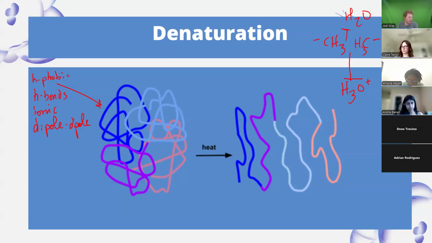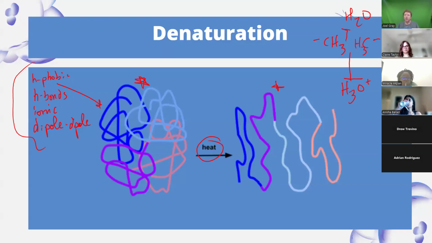And my point there is, how do we go from this state right here to this, where we disrupt all of these different types of interactions? Well, one way that can be done is by heat. This is commonly known as heat denaturation. Another way is going to be chemical denaturation, and we're going to talk about some of the denaturants that you use for that in just a little bit.